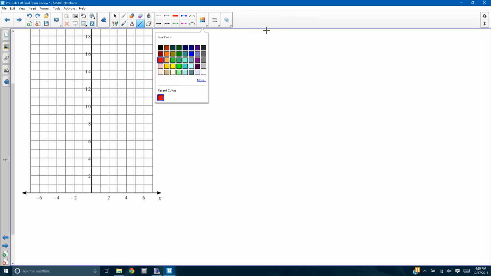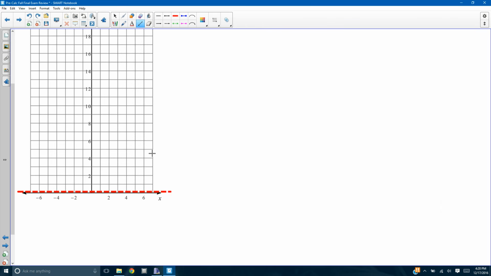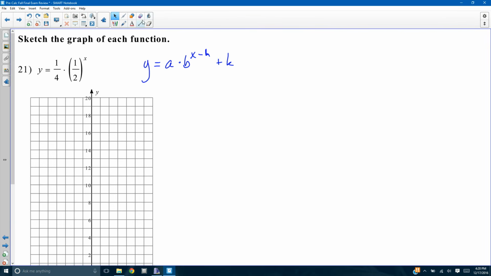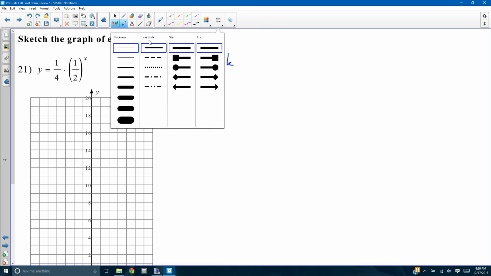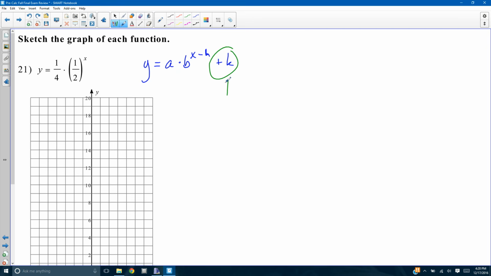Now y equals 0 is the asymptote in this case, because it never becomes 0 itself. That is my asymptote. It will never touch those points. So close to it, though. And that will be equivalent to your k value. Your k value is your horizontal asymptote in this case.